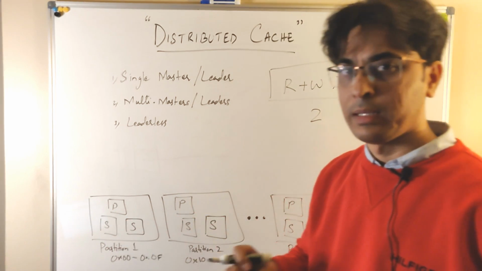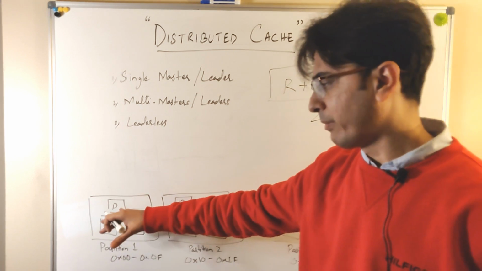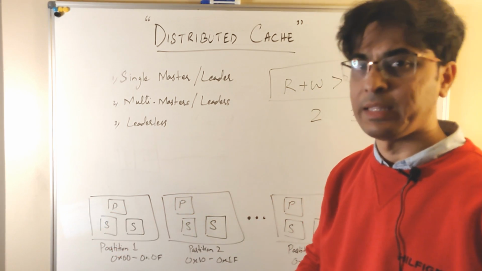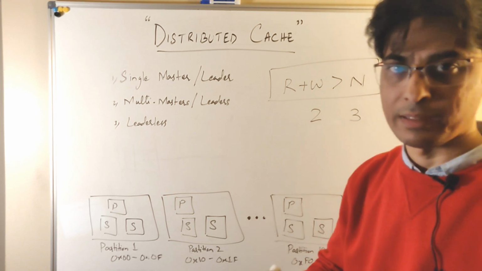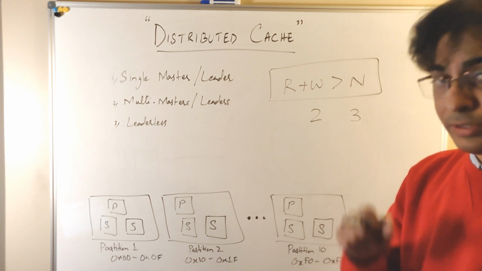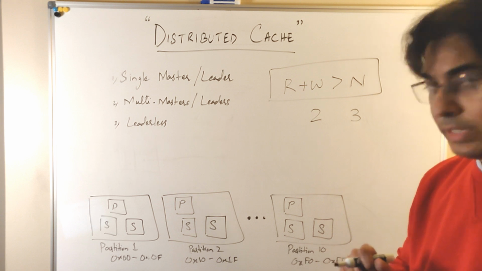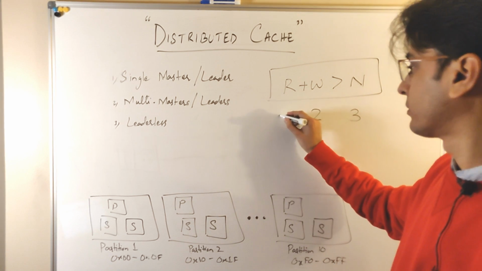As soon as 2 of the servers, including the primary server, say that the write is successful, the primary server can mark the write as successful. And in that case, for strong consistency, if we need to read data, we need to read data from at least 2 nodes.